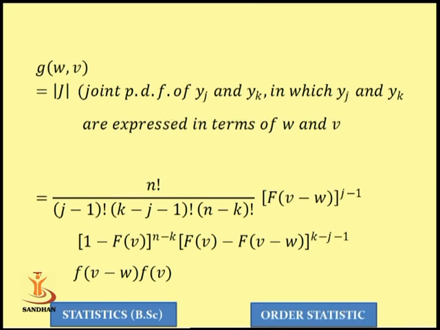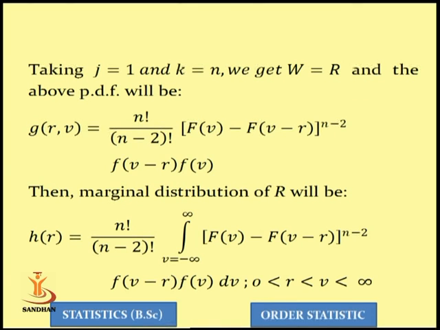Similarly, in the first term, f of v minus w power j minus 1, again you have to take j as 1, so the power will become 0. Similarly, in the second term, with n minus k, now you are taking k as n, so that power is also going to be 0. So you are left with only f of v minus w power n minus 2. Like that, your density finally reduces to this form.